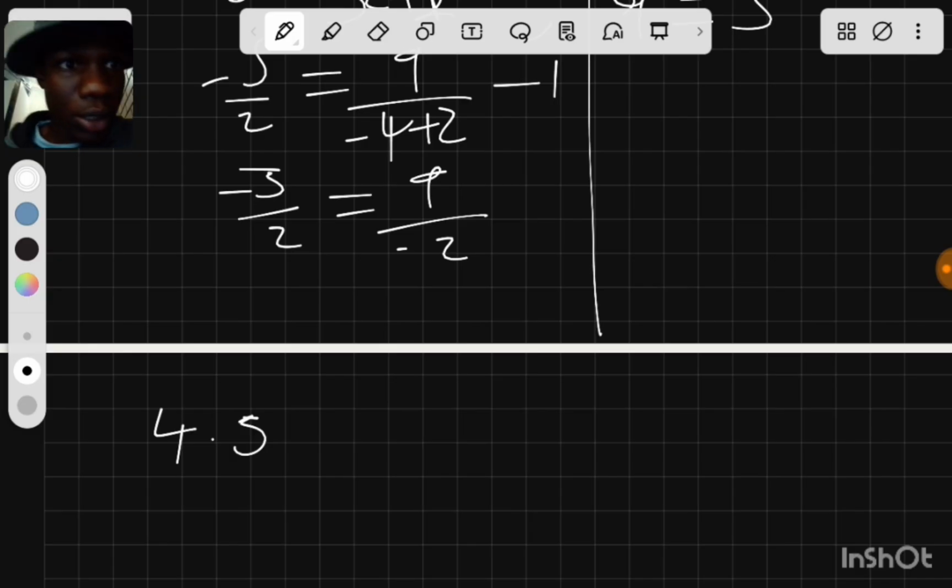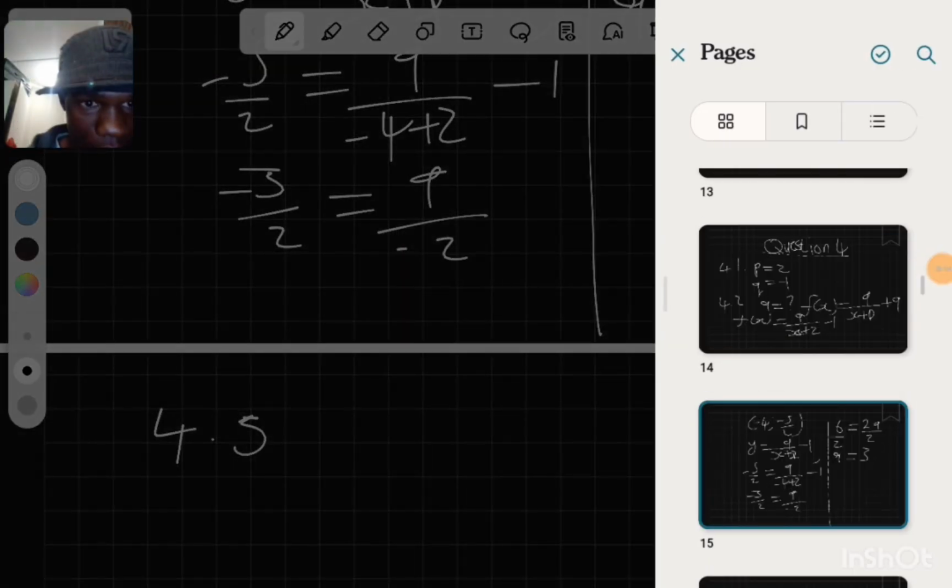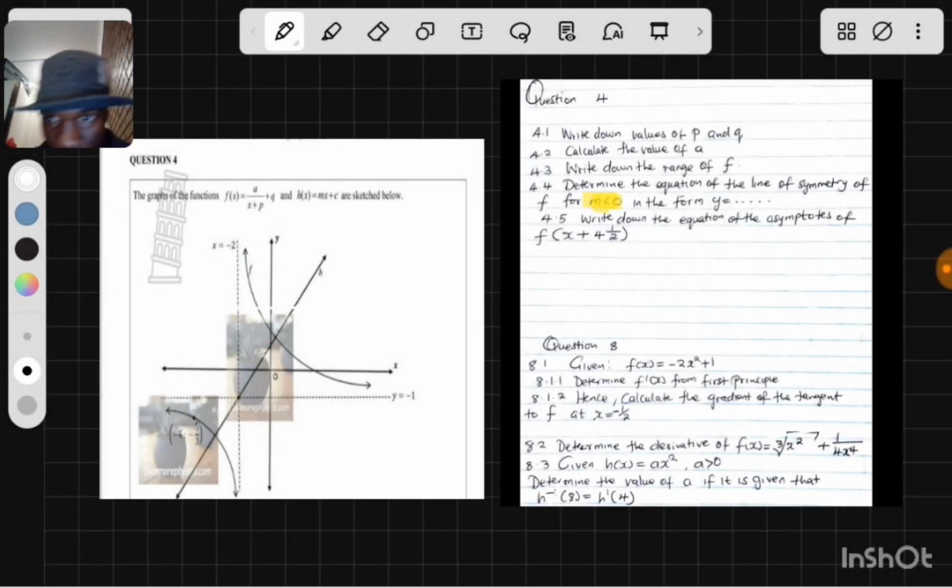Now let's go and analyze the graph. The range of f is y element of real numbers, but y is not equal to -1. Why? Because y equal to -1 is the asymptote. The graph doesn't exist there, in short.